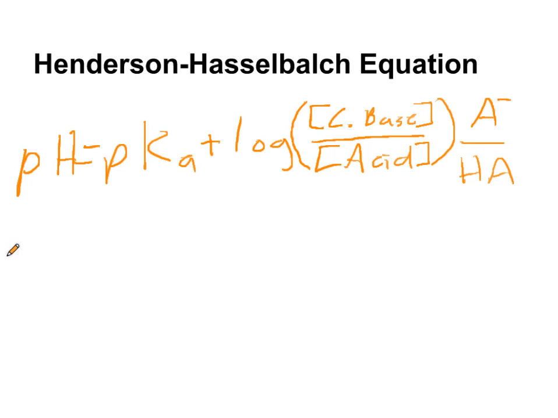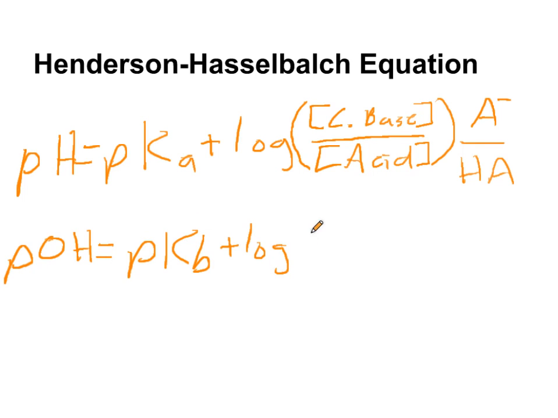We actually have another form of the Henderson-Hasselbalch equation for if we use a weak base and its conjugate acid. pOH is equal to pKb plus the log of the conjugate acid HB plus over the concentration of the base.